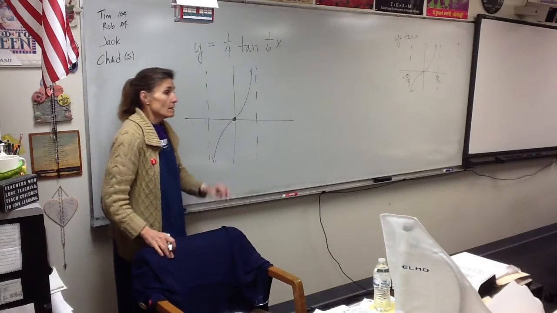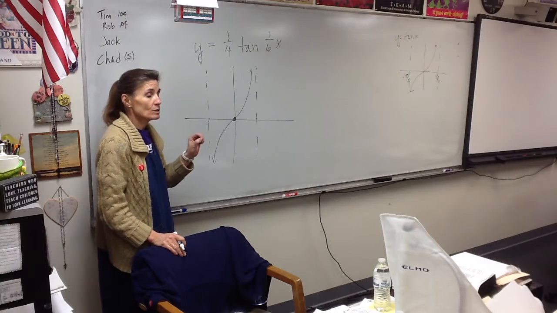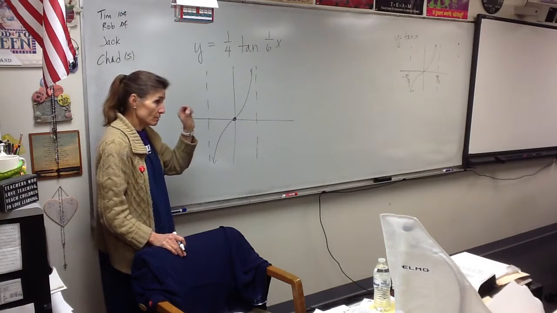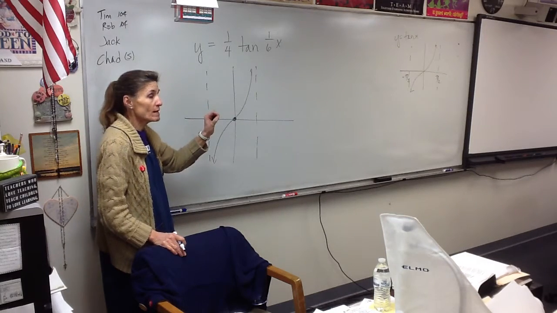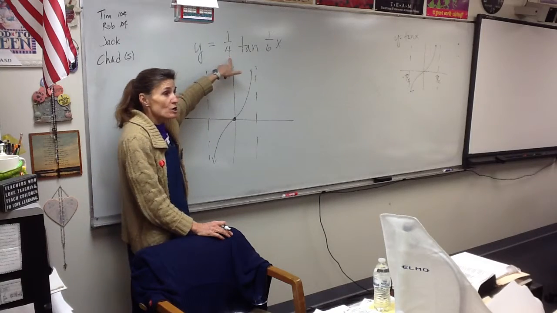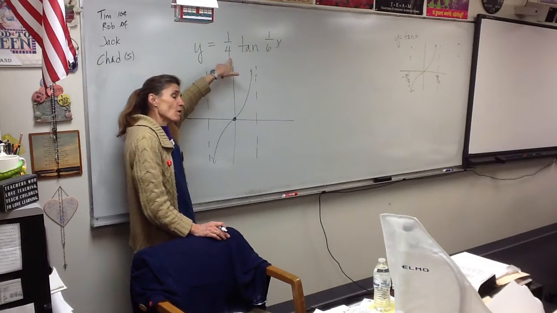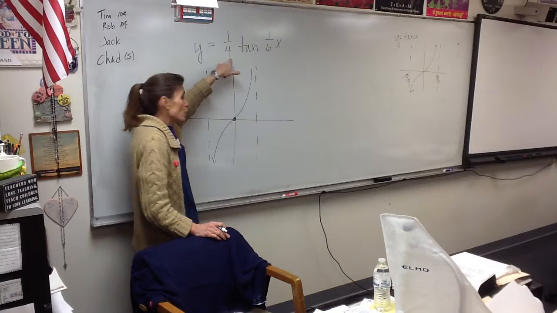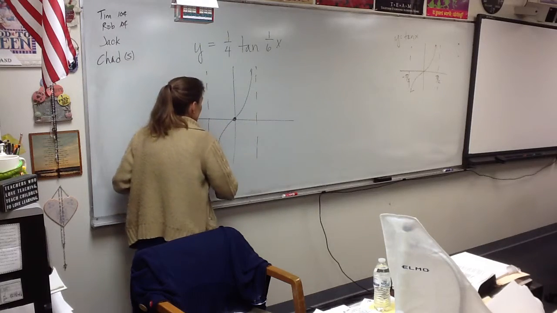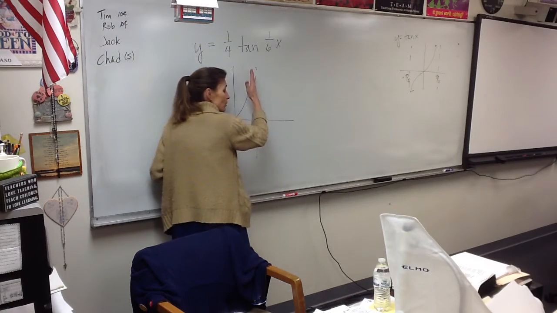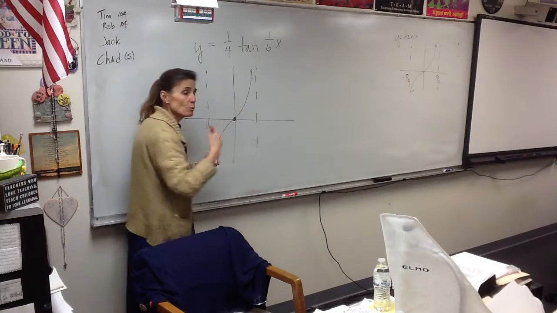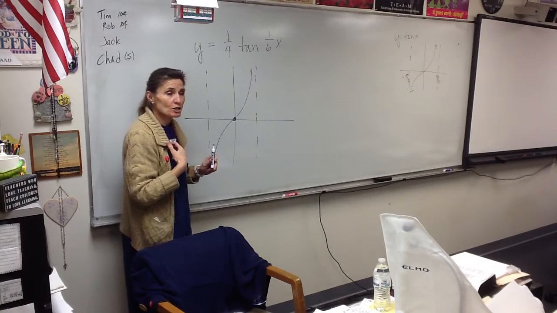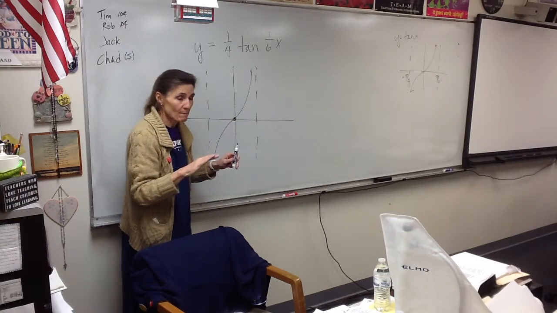Now, Patrick pointed out, because he watched the video or something, that when you put a number in front of a tangent, what it does is change the curvature. But since we really don't know how much, I'm not even going to worry about that.